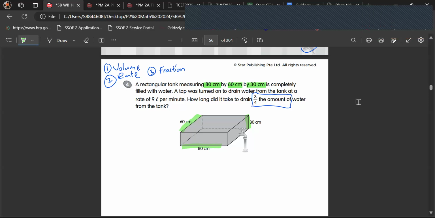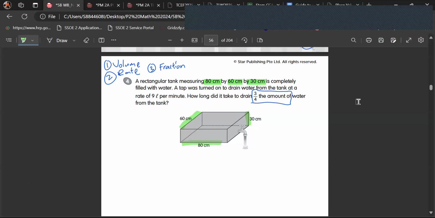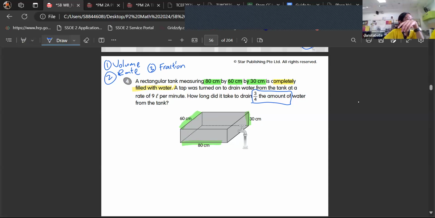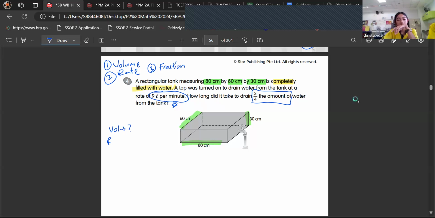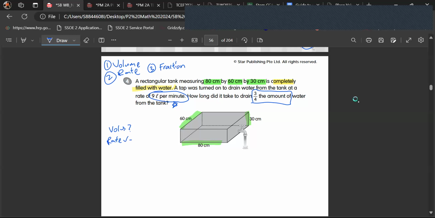A rectangular tank measuring 80 centimeters by 60 centimeters by 30 centimeters. Oh, one good thing, completely filled with water. A tap was turned on to drain the water from the tank at a rate of 9 liters per minute. Okay, so I have the volume that I need to find. Then the rate is given, 9 liters per minute.